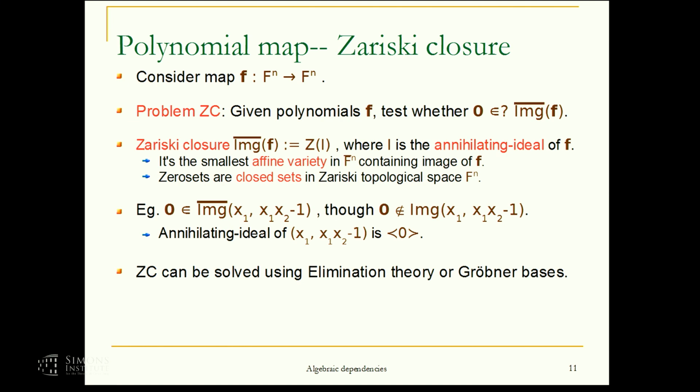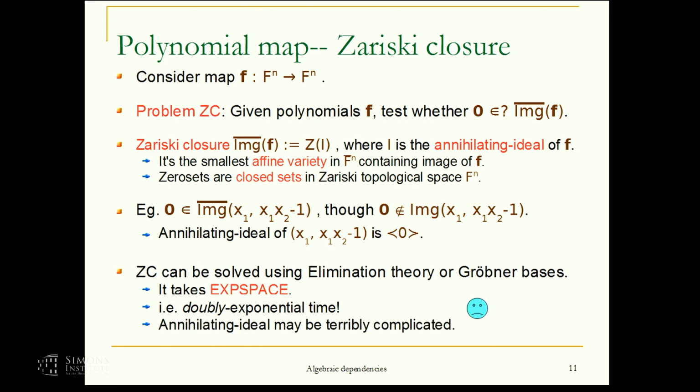The degree and the complexity of the annihilators could also be exponentially large. And things could even be doubly exponential, because you are using elimination theory or Gröbner basis. So you can actually solve this in EXPSPACE, which is doubly exponential time, and the annihilating ideal may be terribly complicated, which it actually is in most cases.